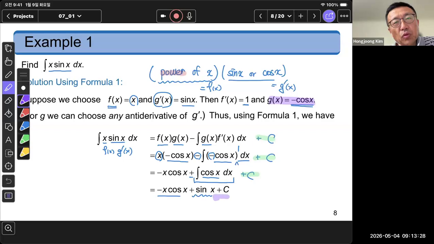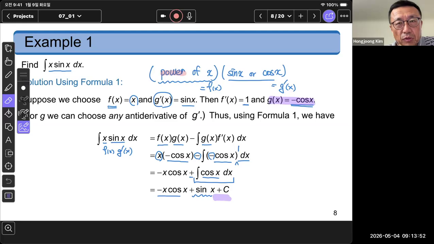In between, you can omit this plus c. That's the usual notation for constant c. So even though you do not write down constant c in the middle of the calculation, you must add this plus c in the final answer. Otherwise, you will lose a certain point.